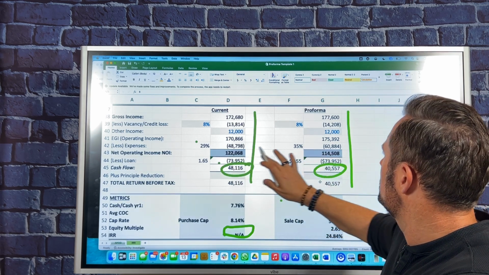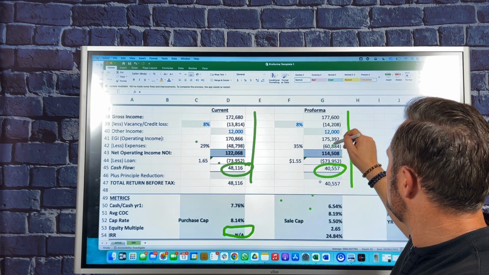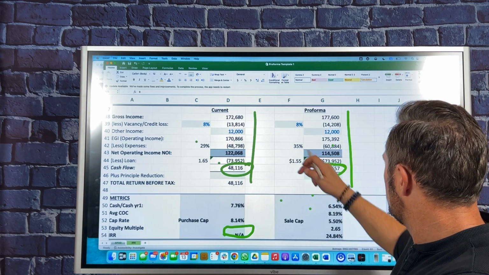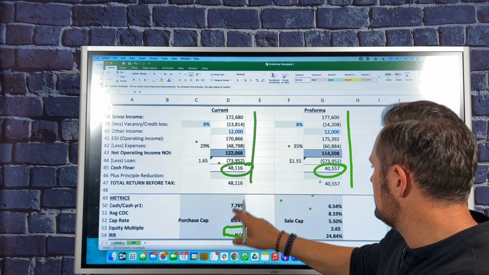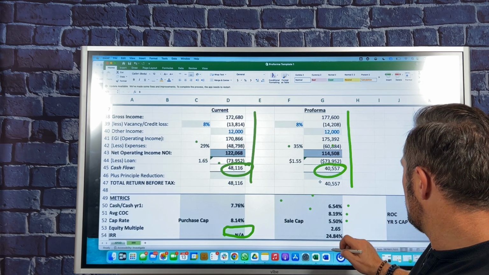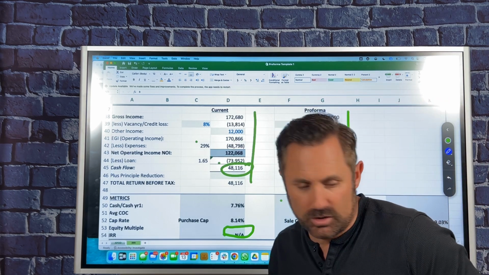Although, let's see, NOI. Oh, it's higher because of the expense ratios. That's fine, we'll leave that for now. So 35% expense ratio, totally fine. These numbers are kind of in line now. Cash on cash, cap rates look good. Equity multiples are definitely in line with the market.